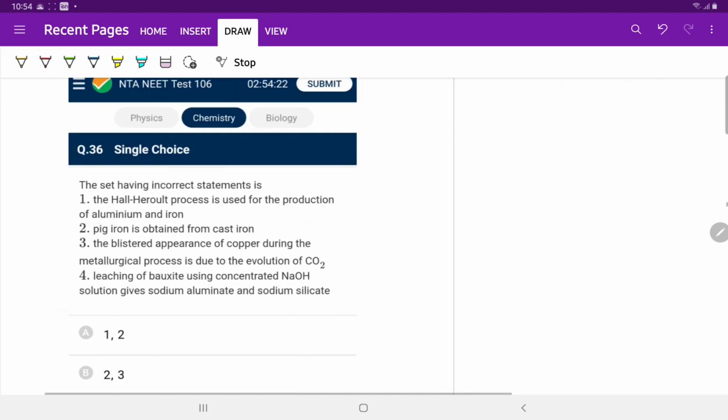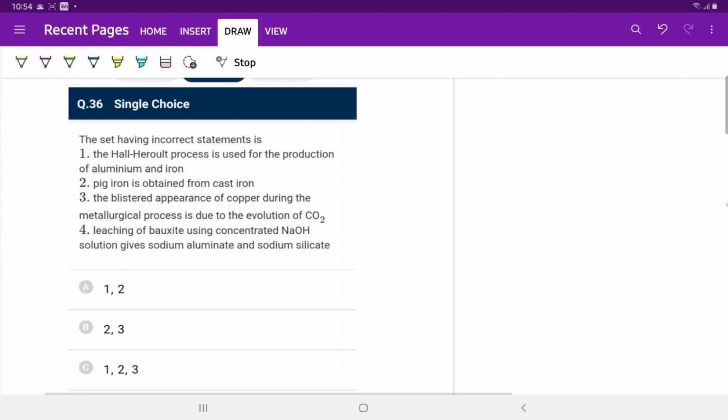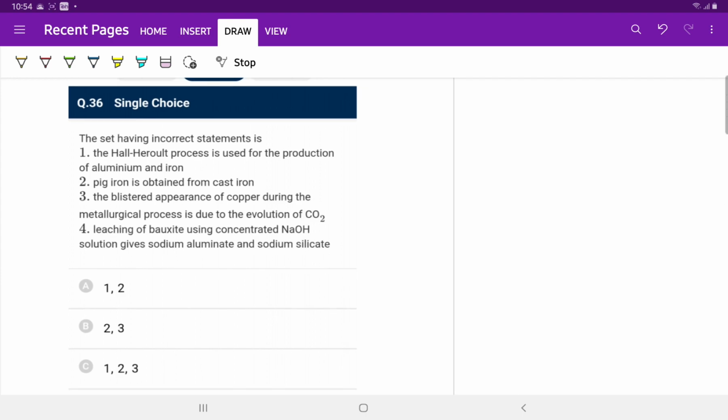B option is correct for question number 35. Question 36: the set having incorrect statement is, okay, the Hall-Héroult process used for the production of aluminium and iron. No, only aluminium. This is incorrect. Pig iron is obtained from cast iron.